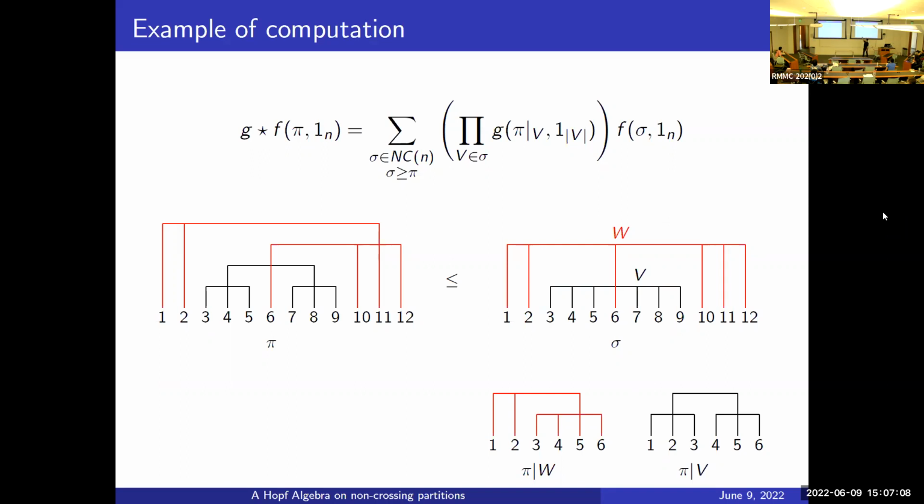The product of the g's is going to be over all blocks of sigma, and I restrict my partition pi to the blocks of sigma. In this case, pi restricted to the red block W is this figure. You can see how, if you just take the red parts of the picture, it becomes this.